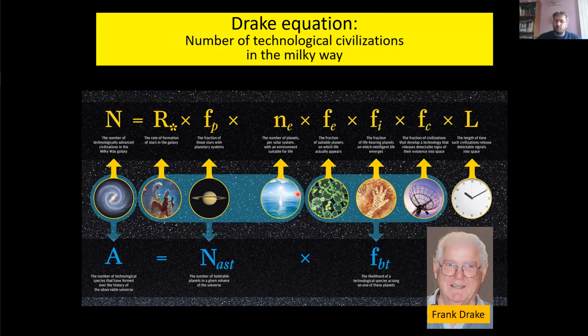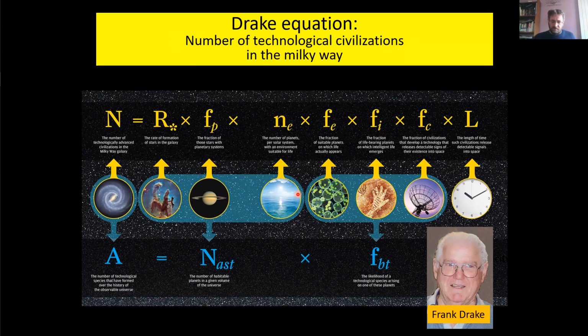If we have 200 billion stars in the Milky Way, let's say 100 billion of them are in the galactic habitable zone. 15% of them have planets, so that is 15 billion. Let's say every 15th of them has an Earth-like planet in the habitable zone. Then we have 1 billion planets.